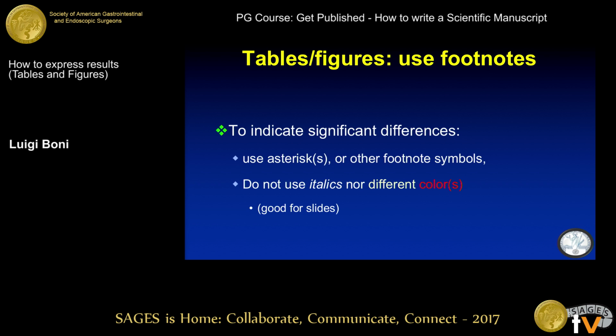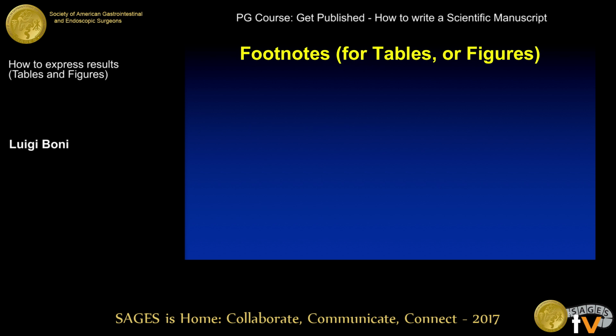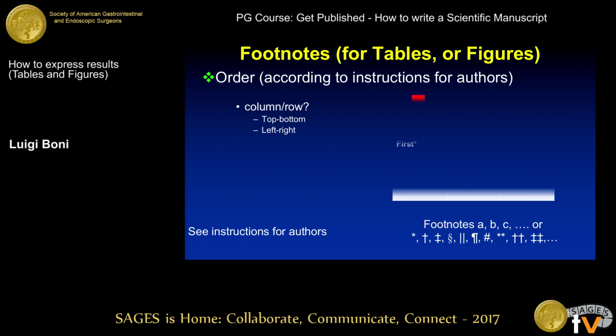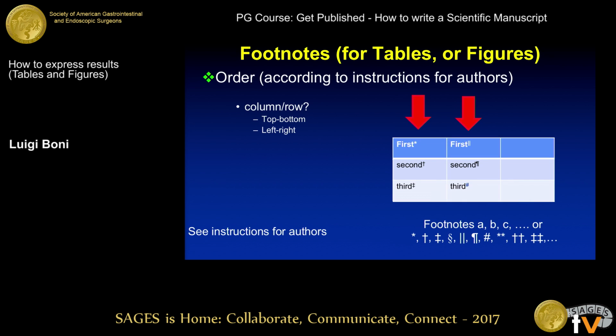You don't use italics, and definitely you don't use different colors in tables, because different colors are good when you're presenting the data in slides, but are not good for the paper, especially when it's printed out, because most of them are not printed out in color. And these are some examples of footnotes. Okay, that's how you should use it. Most of the time, this kind of information is given in the instructions for authors. So each journal has its own preferred footnotes, and you should refer to them.